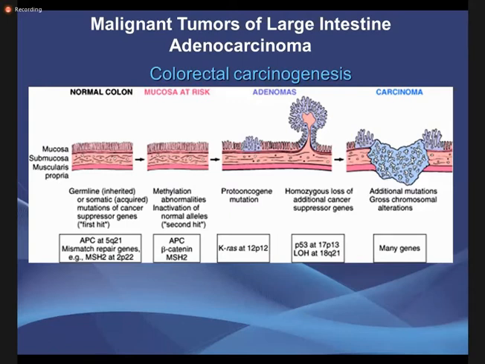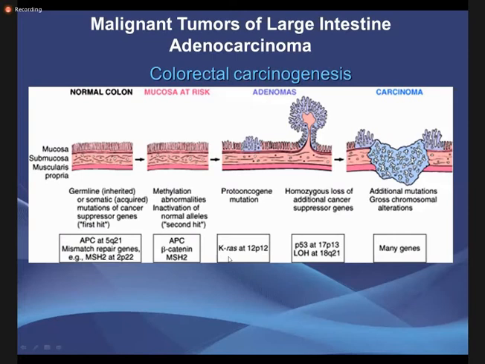The first hit may be inherited or it may be acquired. So the first hit here in this case is APC, which is at chromosome 5p21. This germline mutation in one of the alleles is either inherited or acquired. Then there will be a second hit, that is abnormality or inactivation of the normal allele.